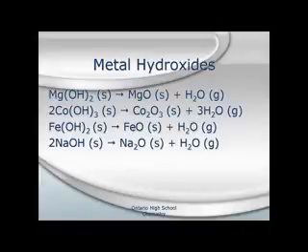The next one we have cobalt 3 hydroxide, decomposing to cobalt oxide and water vapor. We have iron 2 hydroxide decomposing to iron 2 oxide and water vapor. And finally we have sodium hydroxide decomposing to sodium oxide and water vapor. Again, the pattern for metal hydroxides when they decompose is to go to a metal oxide and water.